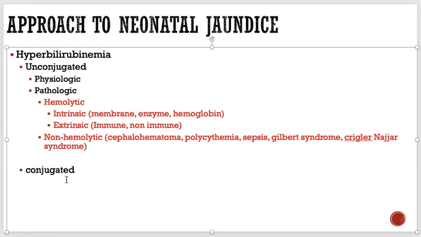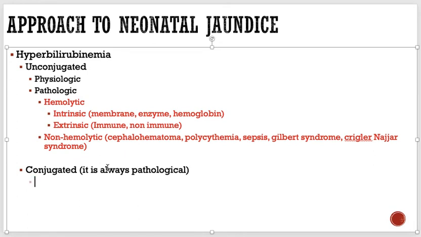So one thing we can get here is, whenever hyperbilirubinemia is of the unconjugated type, it can be physiological or pathological. But guys, whenever the hyperbilirubinemia is of the conjugated type, remember one thing: it is always pathological. It is never physiological.